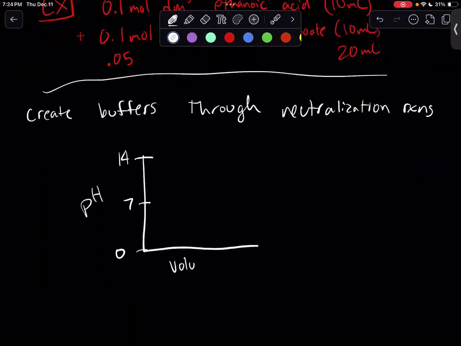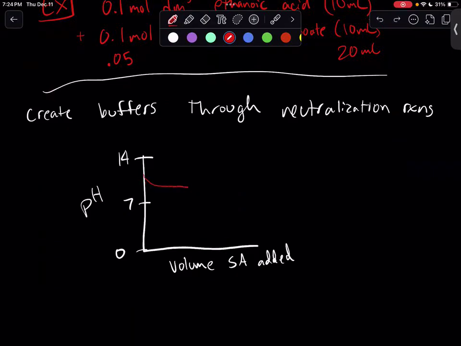We'll do volume of strong acid added. If we're starting with a weak base, maybe we're starting somewhere around 12, this is what our pH curve looks like.